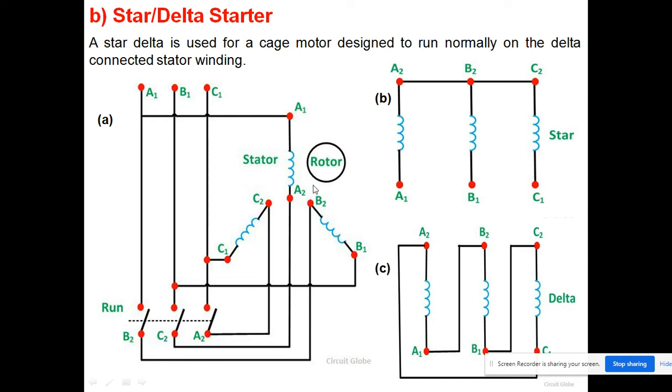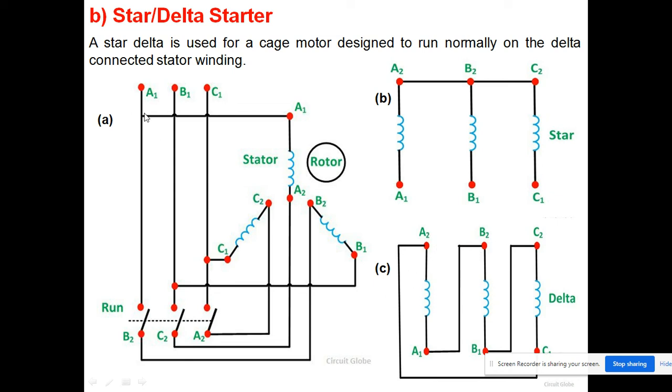So what we will do here, we use both types of connections, star as well as delta. First, to start the motor, we will use the star connection, and then for the normal running of the motor, we will use the delta connection. You can see this is the star connection and this is the delta connection.